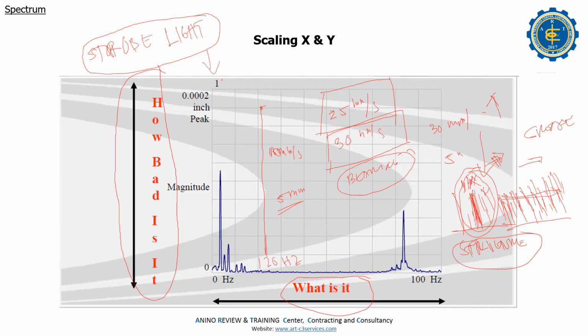If you have to inspect the coupling while running, you use this strobe light. Maybe you ask your management to buy this one. Very important. If there is looseness with the bolt, you will see what happened: if you use the strobe light, the shaft, even though it is running, is steady because of the light.